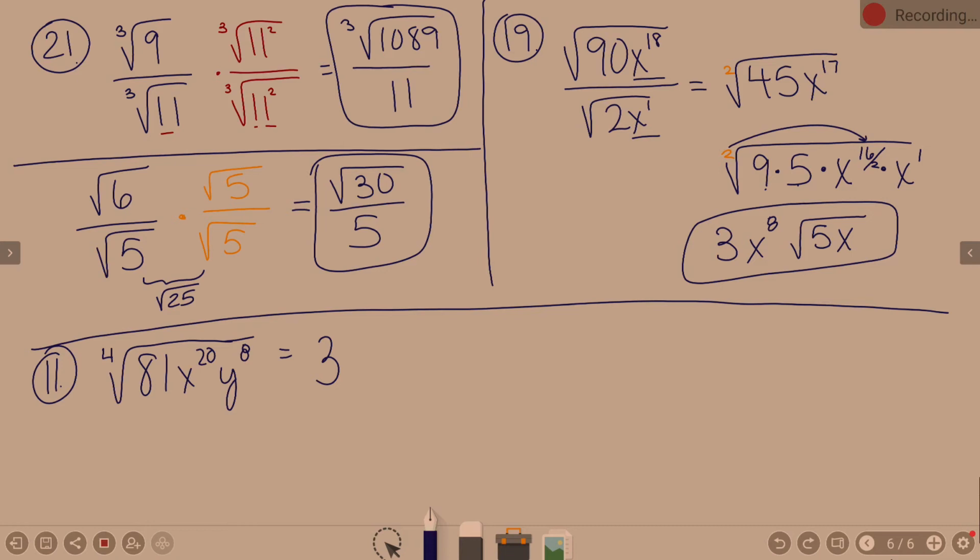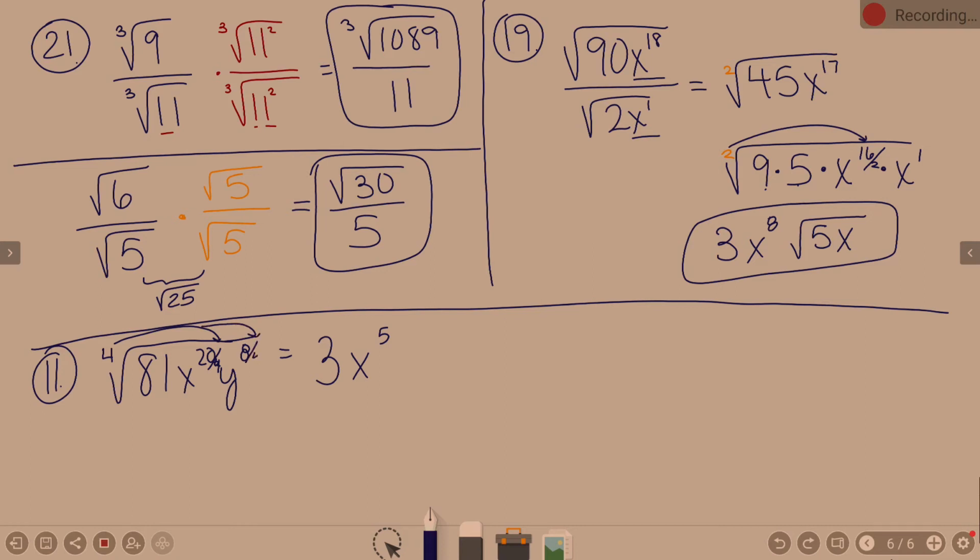Can I do the 4th root of x to the 20th? How do I do a 4th root of an exponent? We're going to divide, yes? And 20 divided by 4 makes this x to the 5th. Can I do the 4th root of y to the 8th?